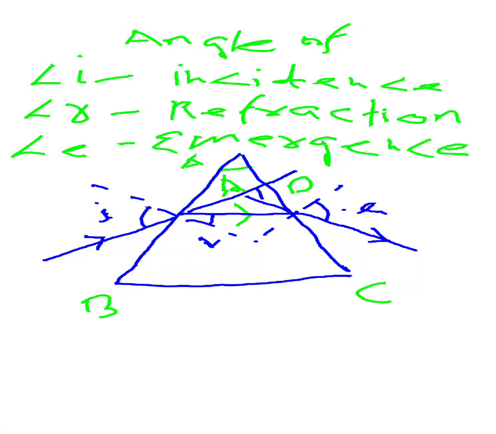When the ray finally emerges, that is the emergent ray. If we trace it backwards, and trace the incident ray forward, the angle between those two lines is called angle D. Very important, you should know the angle of deviation.